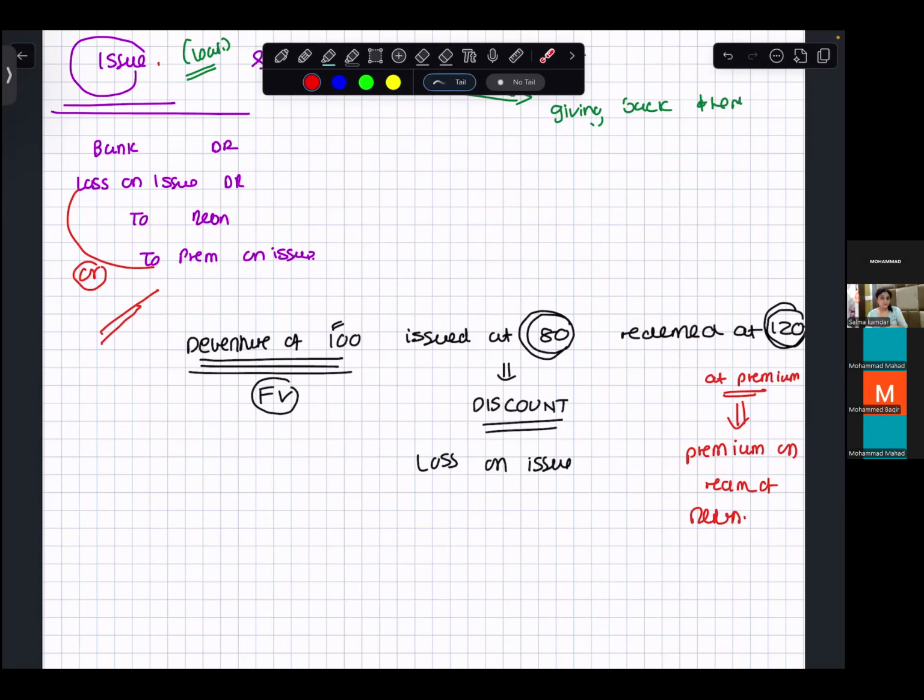It's a loss. So premium on redemption of debentures is a loss for you, and it will be debited.